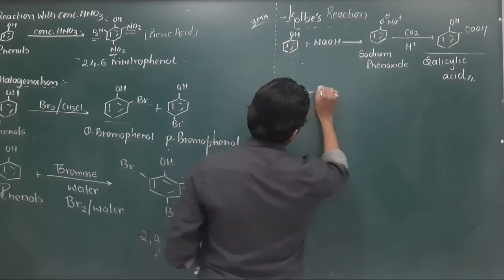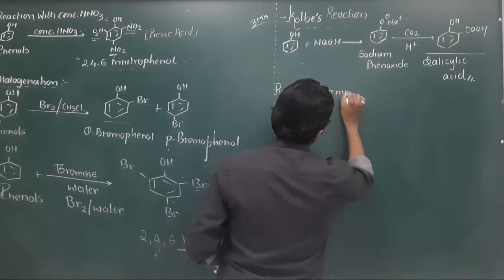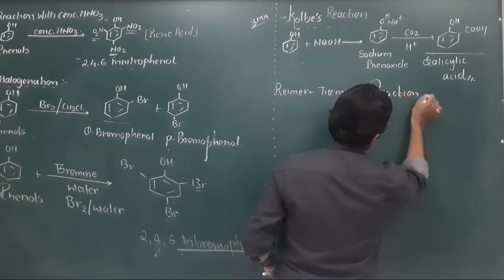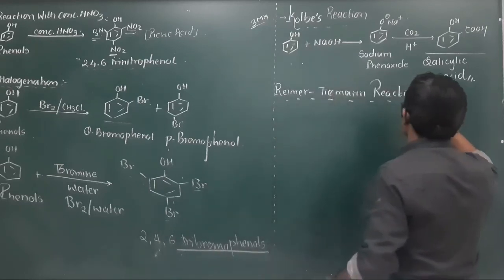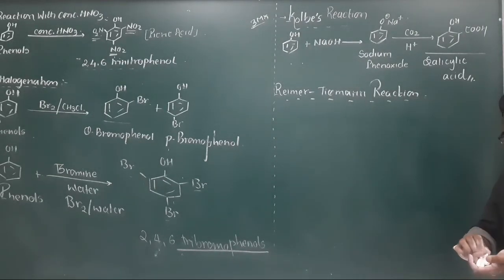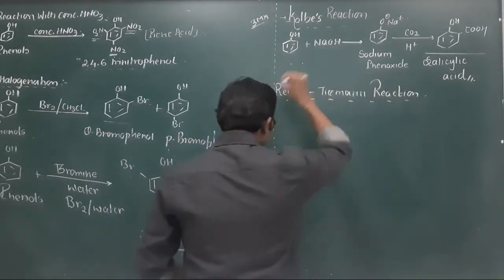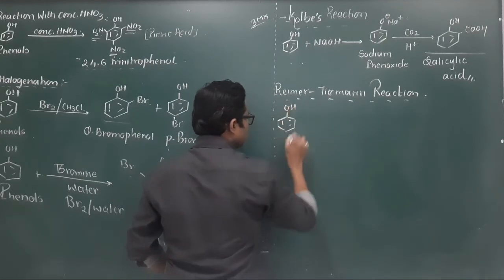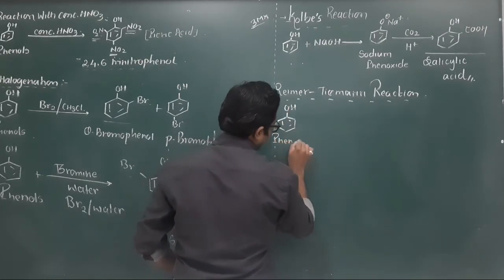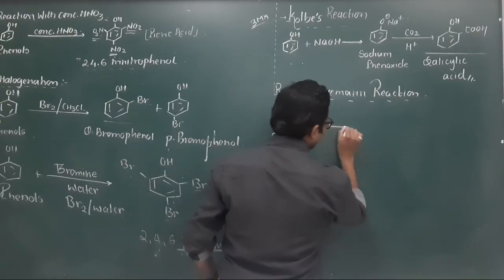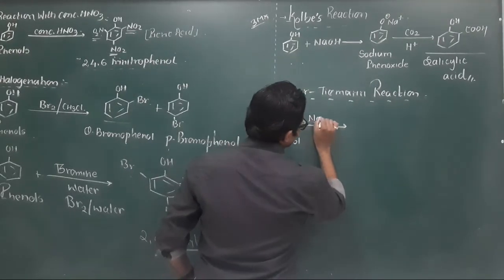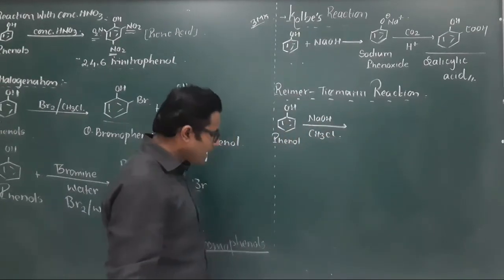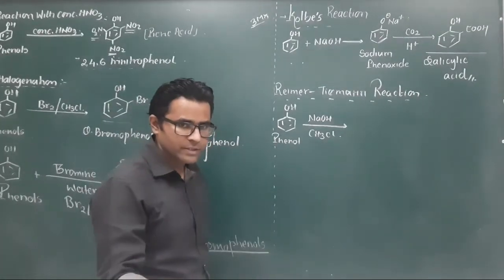Right, next one, and that is one more important reaction, the Reimer-Tiemann reaction. One of the most important reactions that we have. So in the Reimer-Tiemann reaction, when we react this particular phenol with sodium hydroxide in the presence of chloroform, it will give us an intermediate.